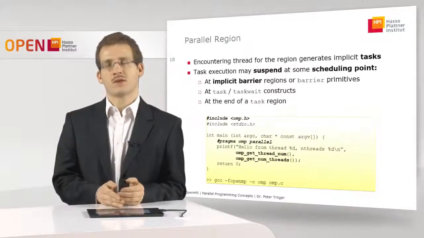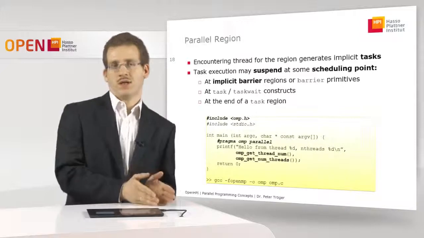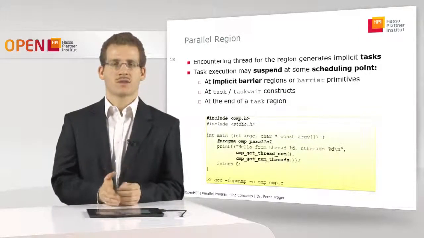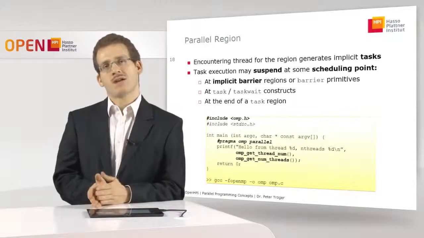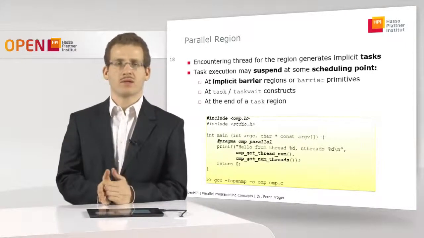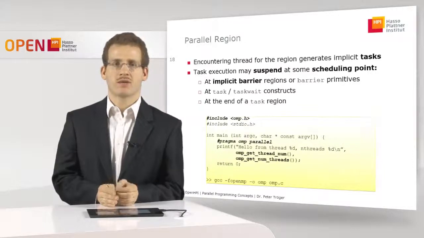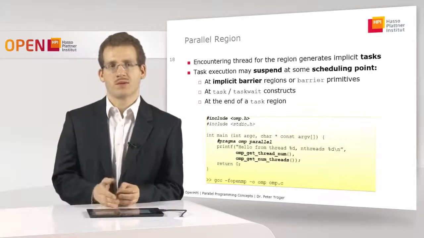And when you run this code, you can actually see the effect, in relation to the number of threads that were created by the runtime, different outputs from the different tasks being defined. Tasks may suspend at some point in time. This is part of the specification of OpenMP. The most relevant one is the implicit barrier at the end of the parallel region or explicit barrier primitives you may want to use.